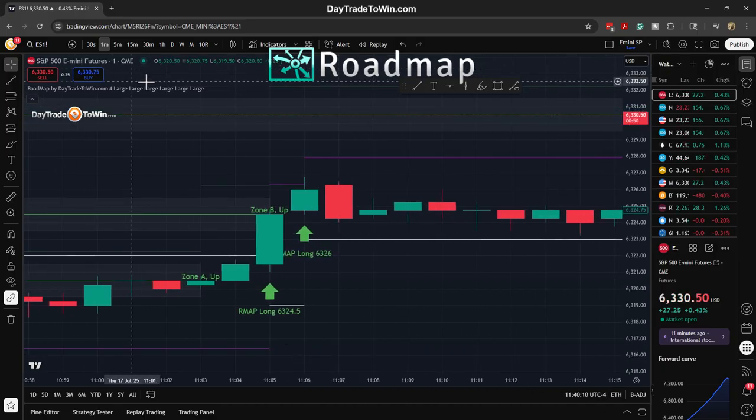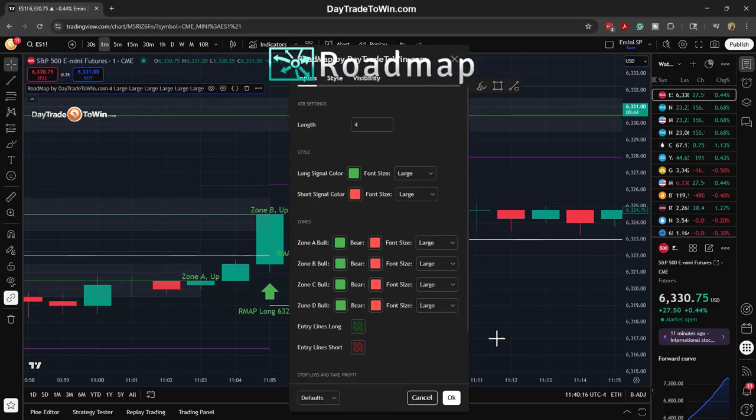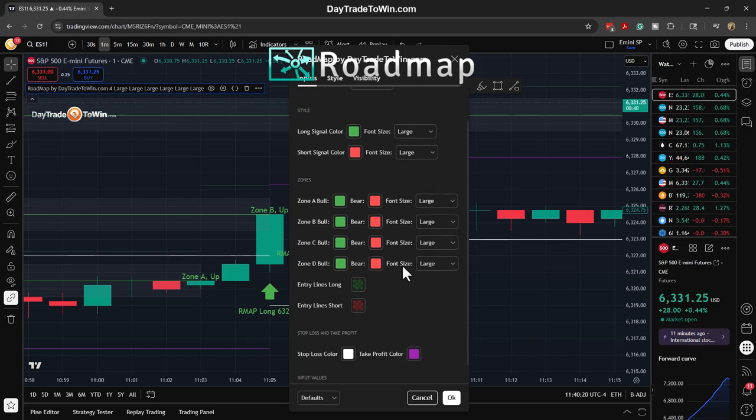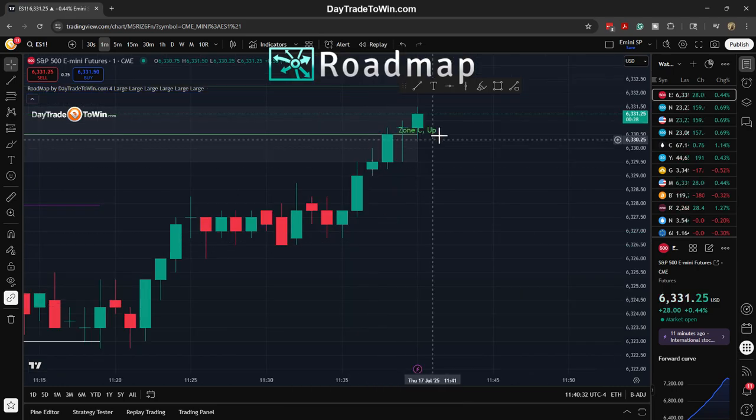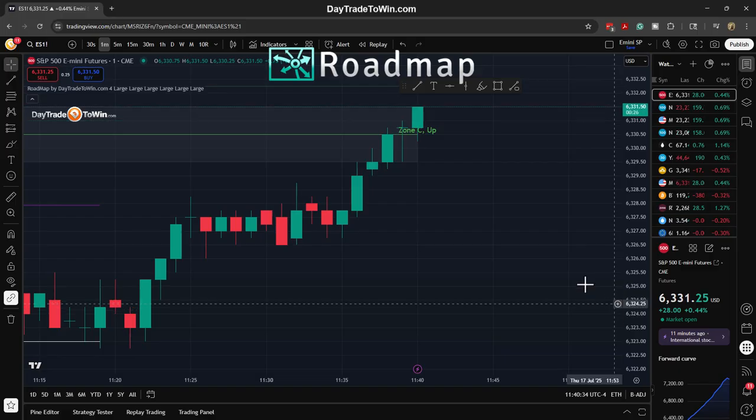The difference here on TradingView is it gives you a couple of different options as far as the entries. When it breaks the zones, it also provides signals to go long. As you can see here, the market is breaking the zone and it's going higher. So it works in the same way whether you have TradingView or NinjaTrader.